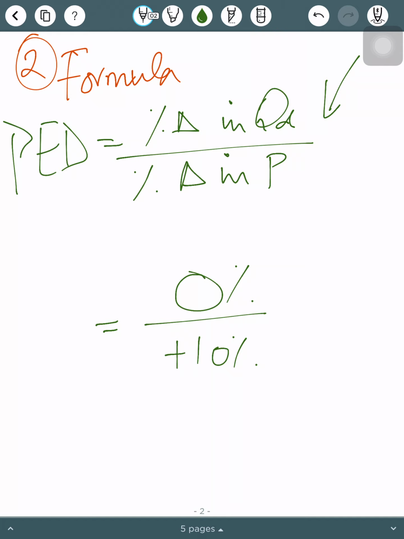The quantity demanded does not change at all. Only if we have 0 in the numerator will we get the answer of 0. So the price goes down by 15%, still the quantity demanded remains unchanged. So regardless whether the price goes up or down, the quantity demanded does not change at all. This will be the case of perfectly inelastic demand. It does not respond at all to a change in price.